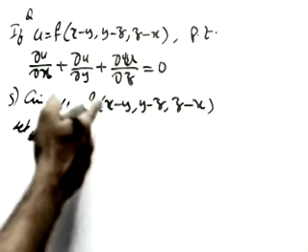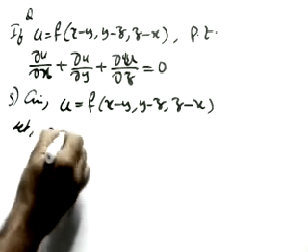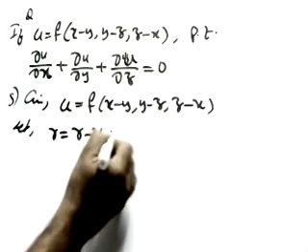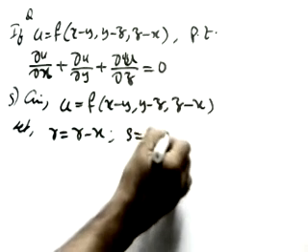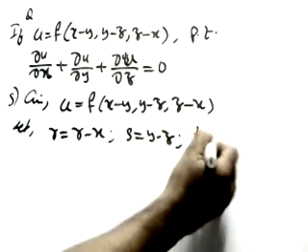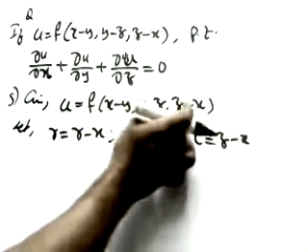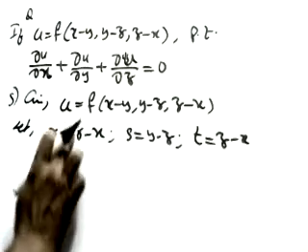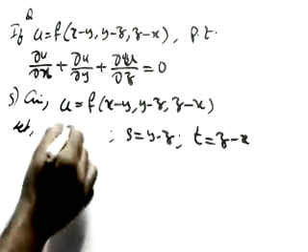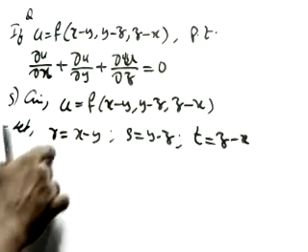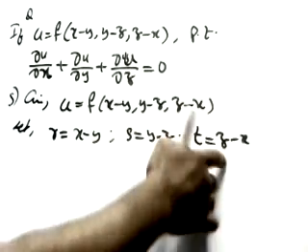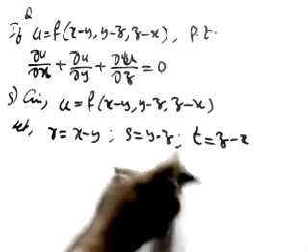Now how do we start? Let us suppose this is r, this is s, this is t. Now r equals x minus y, s equals y minus z, t equals z minus x.